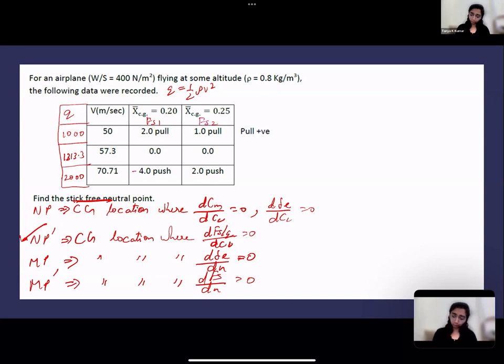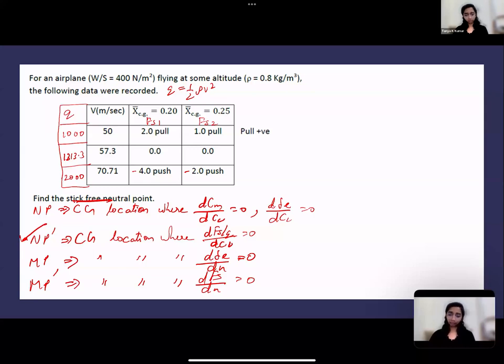Pull is positive, so therefore push is negative. How do we proceed? What do we do next?